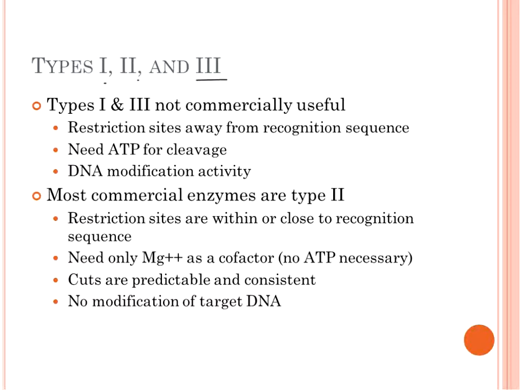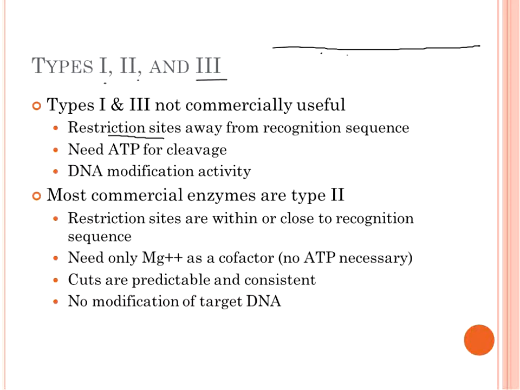Types 1 and 3 are not commercially useful because their restriction sites are away from the recognition sequence. Remember that every restriction enzyme has a sequence of DNA that it recognizes. So here is the DNA.